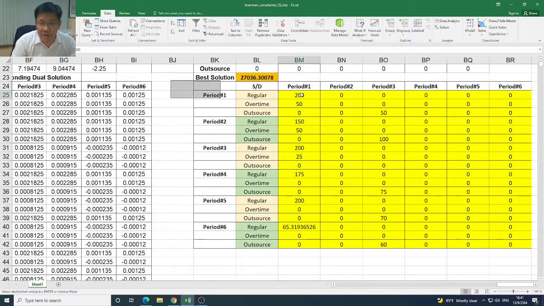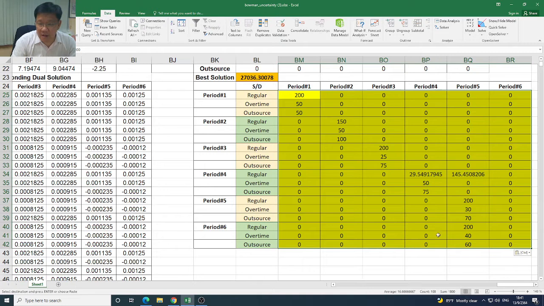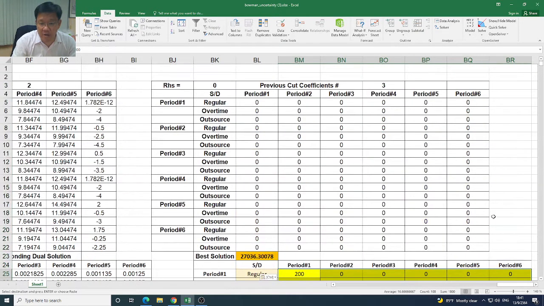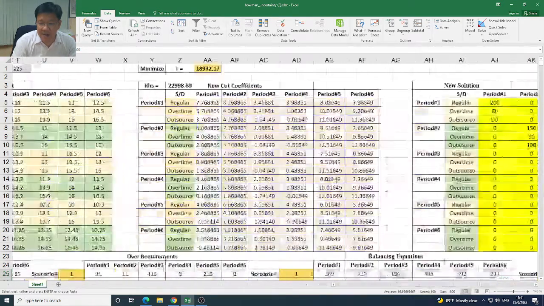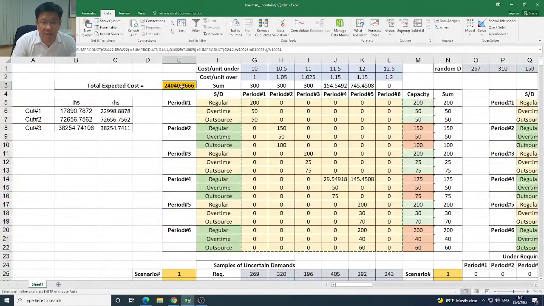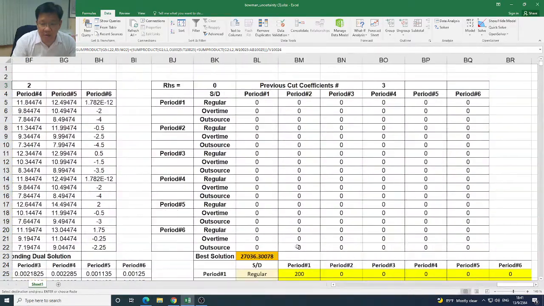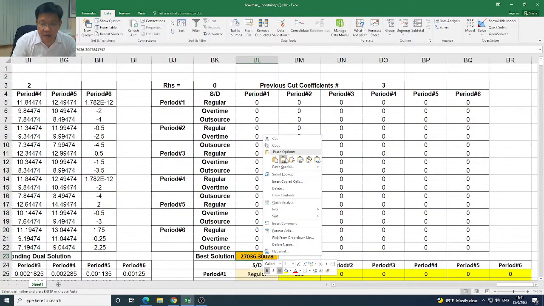The best objective function now moves from 27,000 something to this value. You just copy it, and then paste it here, just the value.